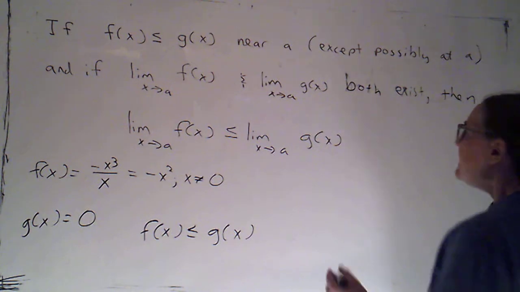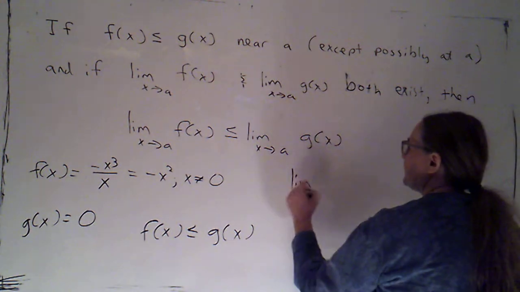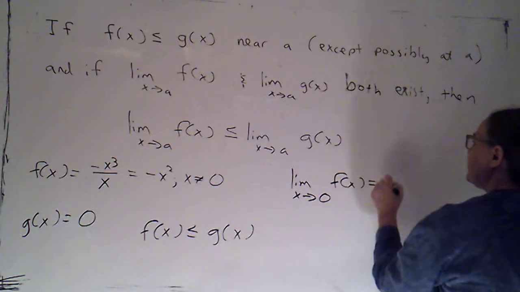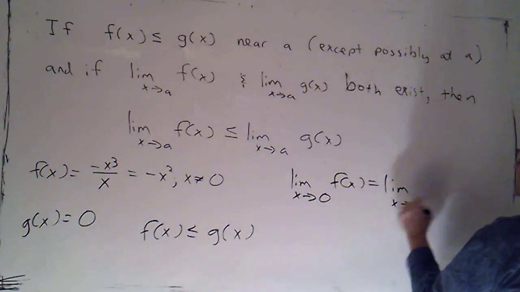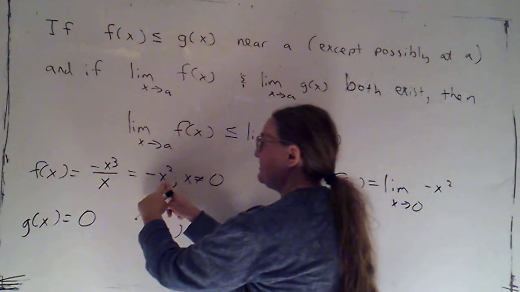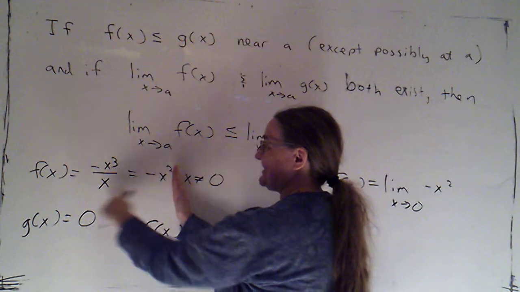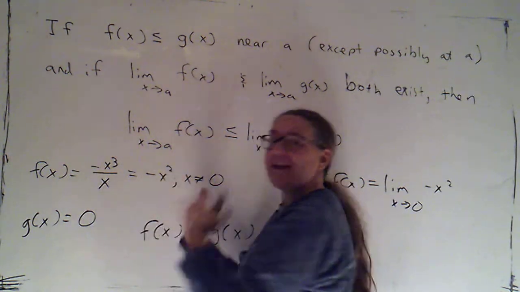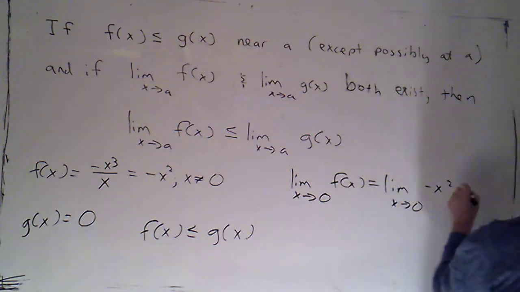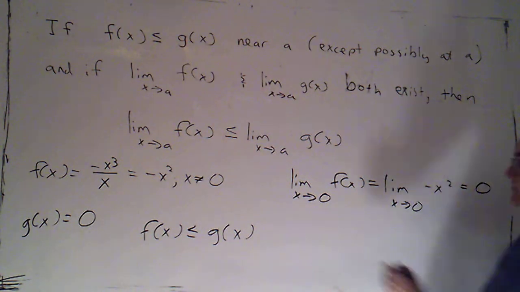Now, if I take a look at the limit as x approaches 0 of f of x, that's of course the limit as x approaches 0 of just negative x squared. This function, without that restriction, isn't the same as negative x cubed over x, but they have the same limit because they're the same near 0. So this would just be 0.